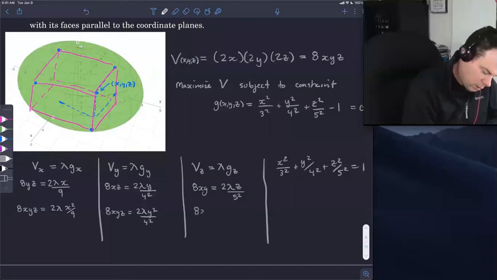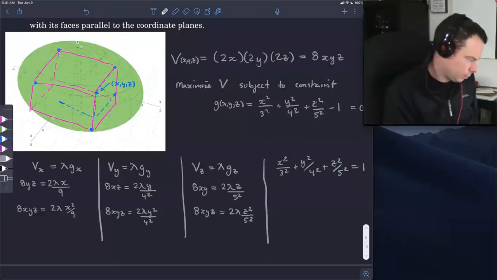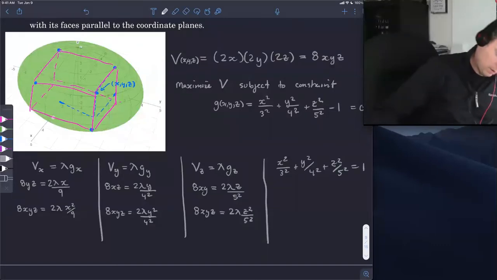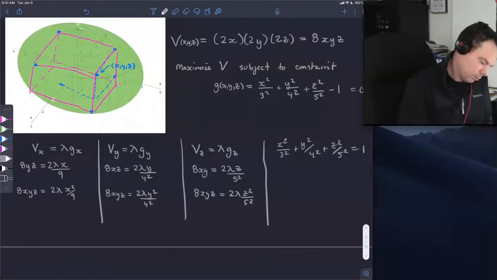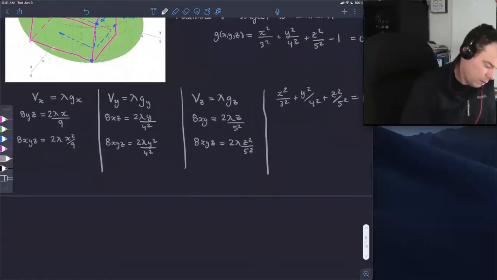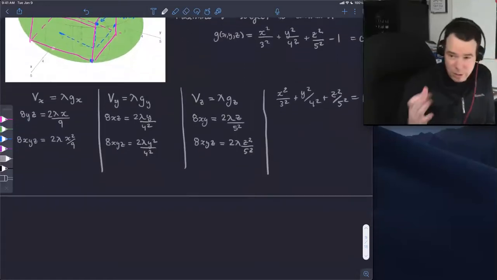And an 8xyz is equal to 2 lambda z squared over 5 squared. So we get these three equations. And the nice thing about this is they're all equal to the left-hand side, 8xyz.